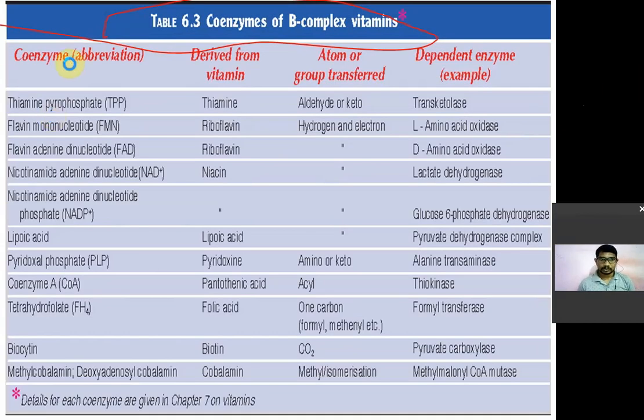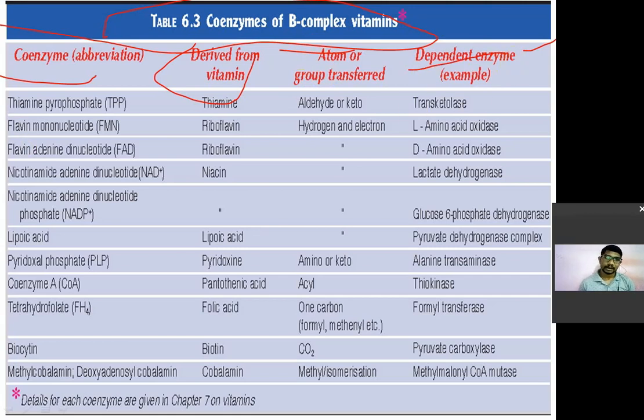Okay? Coenzyme. So यहाँ पे देखो लिस्ट है coenzymes. विटामिन बायोसिंथेसाइज फॉर्म विच विटामिन क्या ट्रांसफर करते हैं और इसके ऊपर कौन सा एंजाइम डिपेंडेंट है. सो कोएंजाइम derived from vitamin, atoms group transferred by that coenzyme and the dependent enzyme.